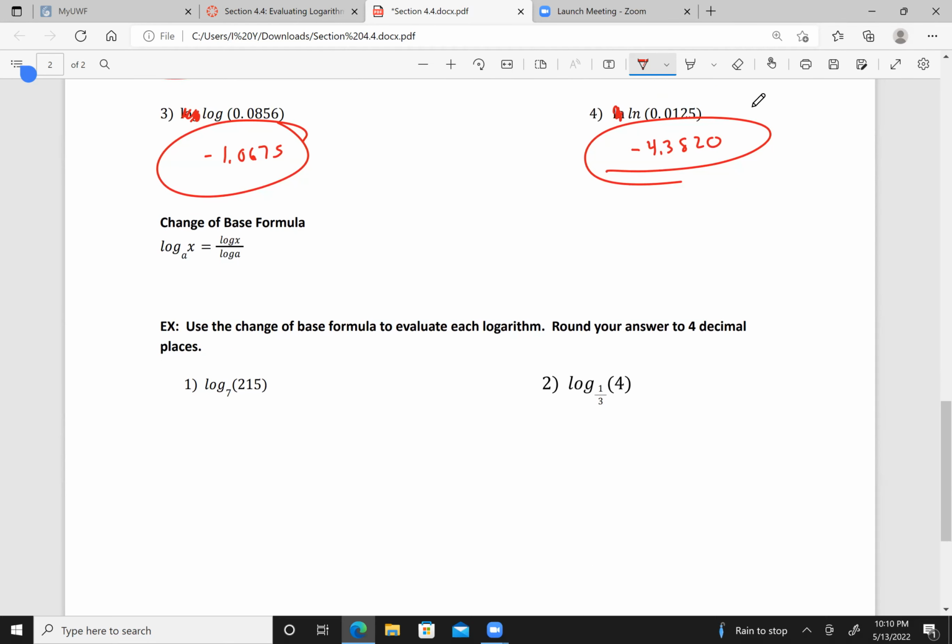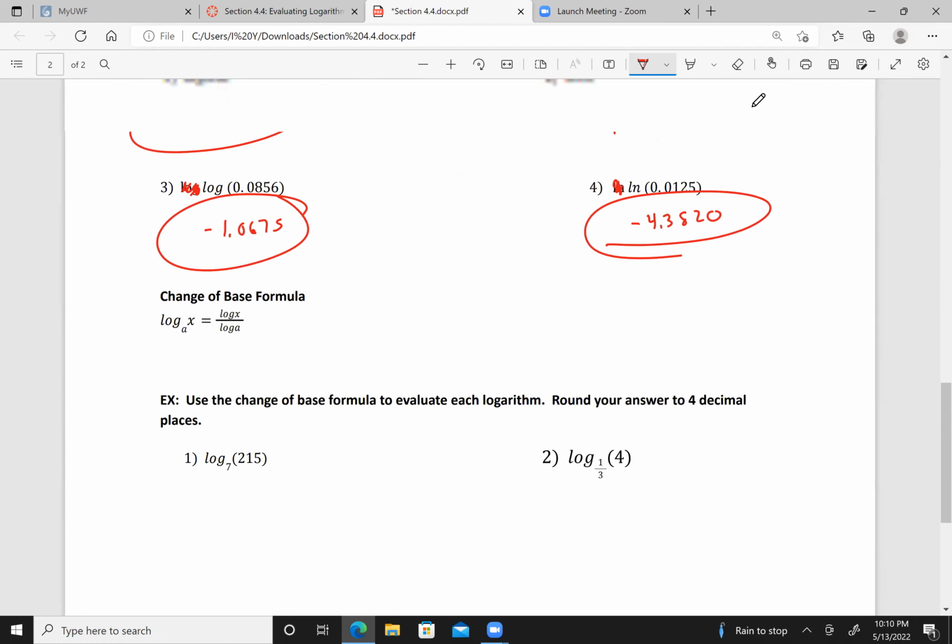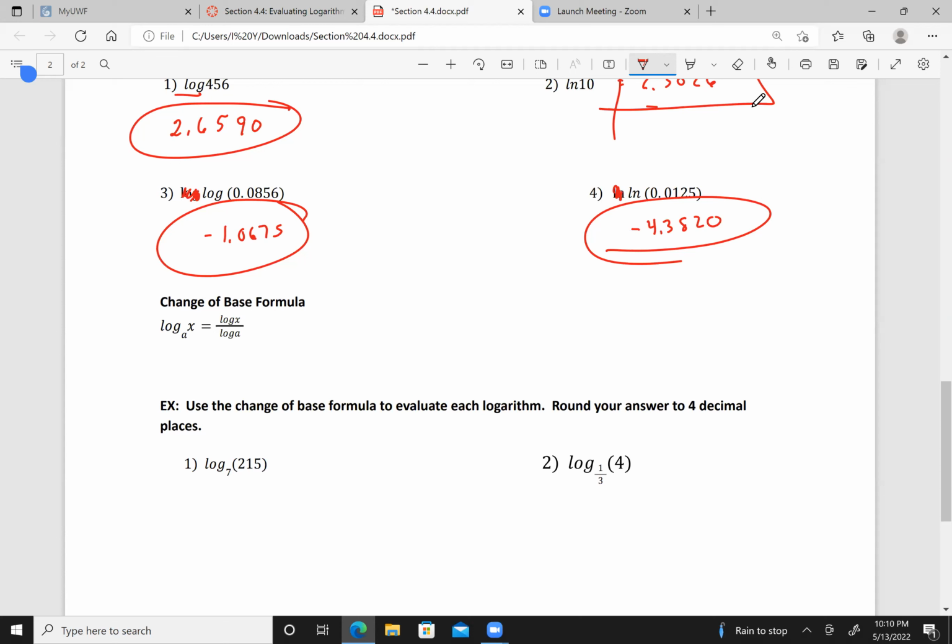So logarithms could be easy if everything's a natural log or a log base 10, but they rarely are. So we have what we call the change of base formula.